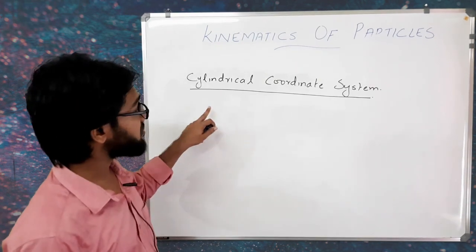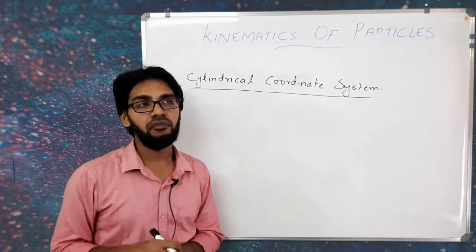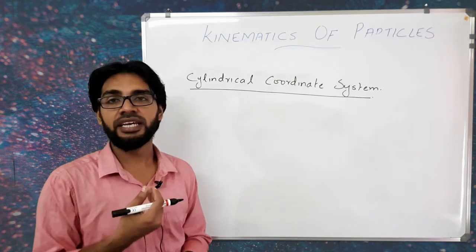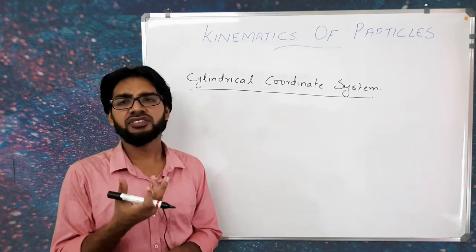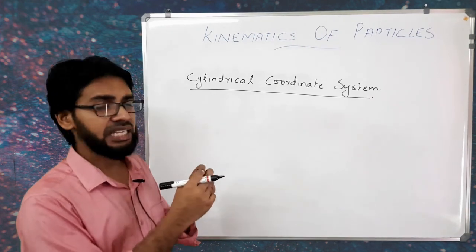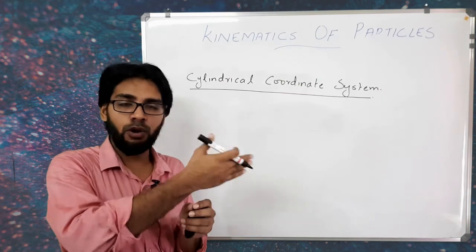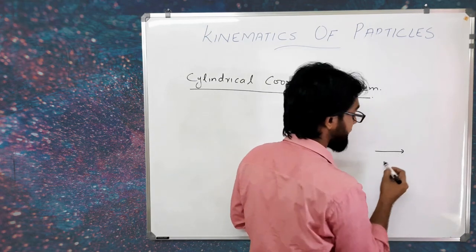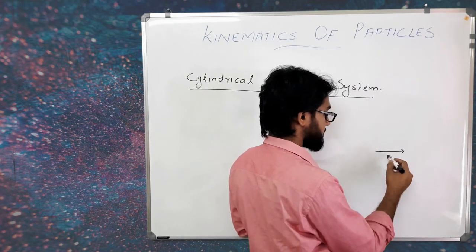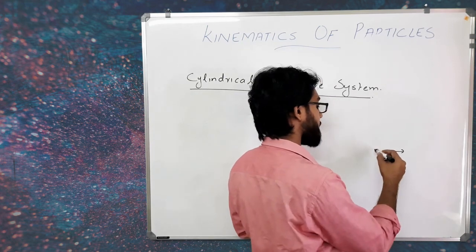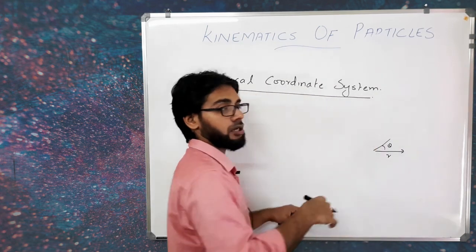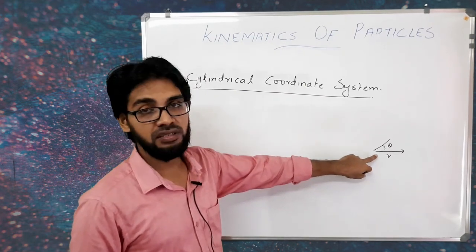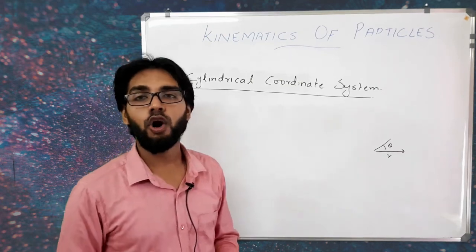So the cylindrical coordinate system becomes useful when the motion, either constrained or unconstrained, can be described by a radial distance and an angular position. If the motion itself is generated in terms of a radial distance, say r, and a corresponding angular motion, it is better to express these systems in the cylindrical coordinate system.